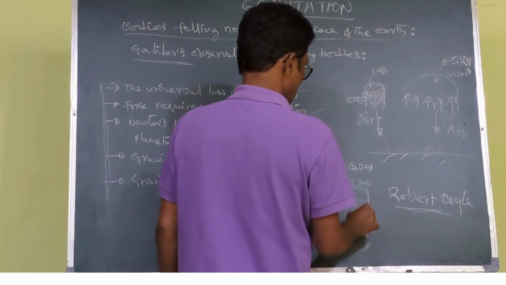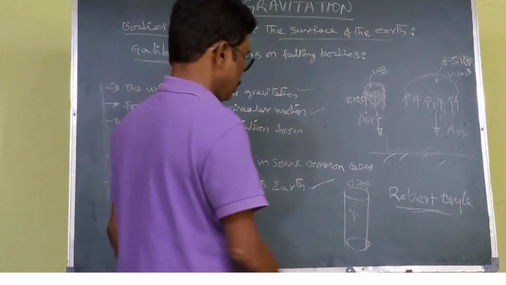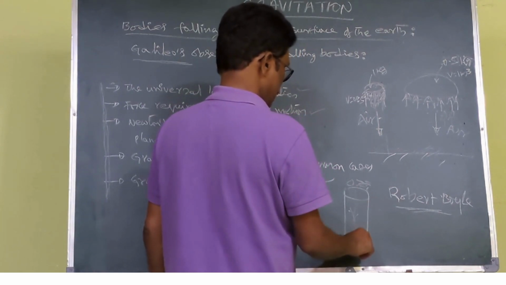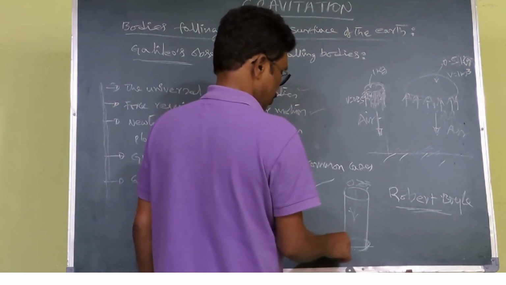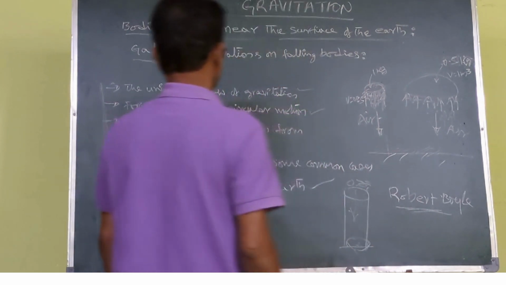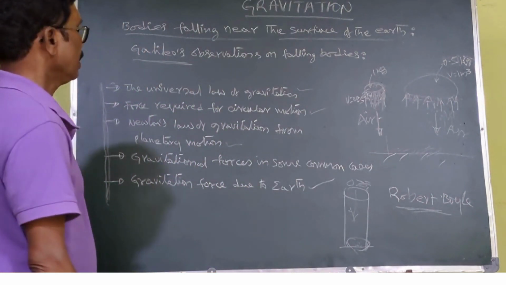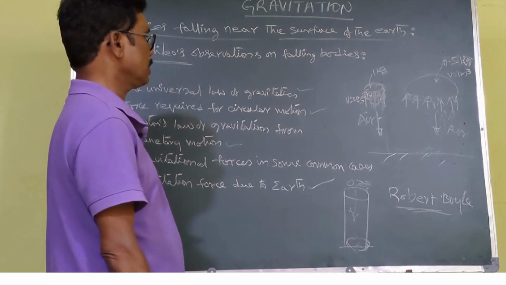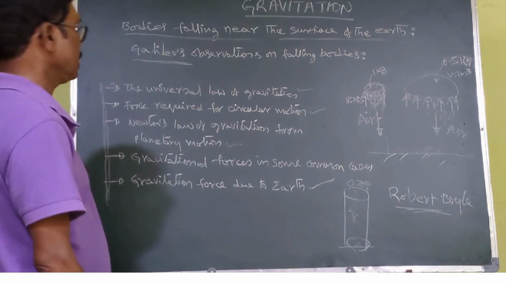In this tube, air was removed, creating a vacuum, and these two were allowed to fall through the tube. Both reached the bottom at almost the same time. So that is proved. That's why, while calculating acceleration due to gravity, we do not take the upward air resistance into consideration.